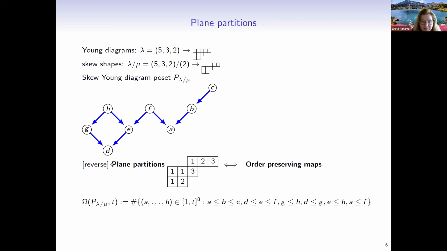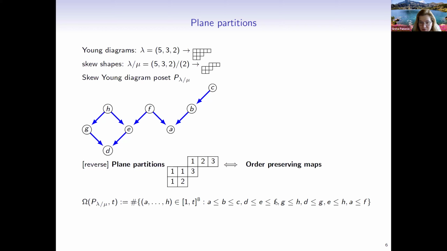And so in particular for this example, the order polynomial for this poset, associated to the skew shape, is the number of 8-dimensional vectors, going from A to H as the last element, which take values from 1 to T. And here are the inequalities that they need to respect that come from the diagram.